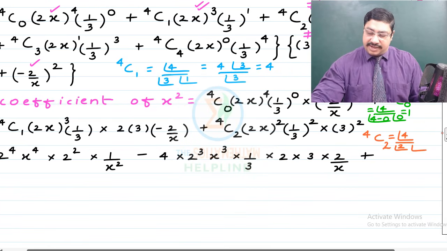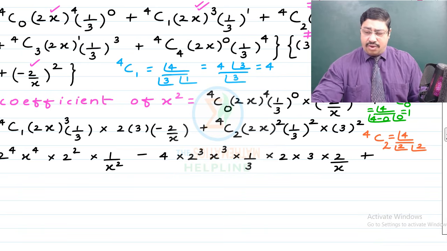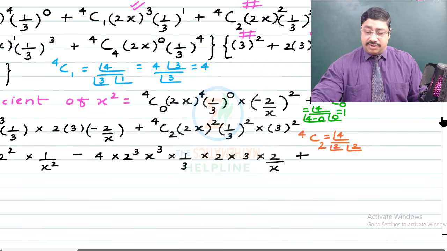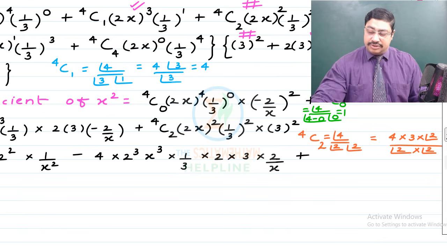So we have this factorial 2 in the denominator. Now you can see that this factorial 4 can further be written as 4 into 3 into factorial 2, right? So when we write this as 4 into 3 into factorial 2, and when it is divided by factorial 2 again multiplied with factorial 2, both of these factorial 2's are going to get cancelled, right?